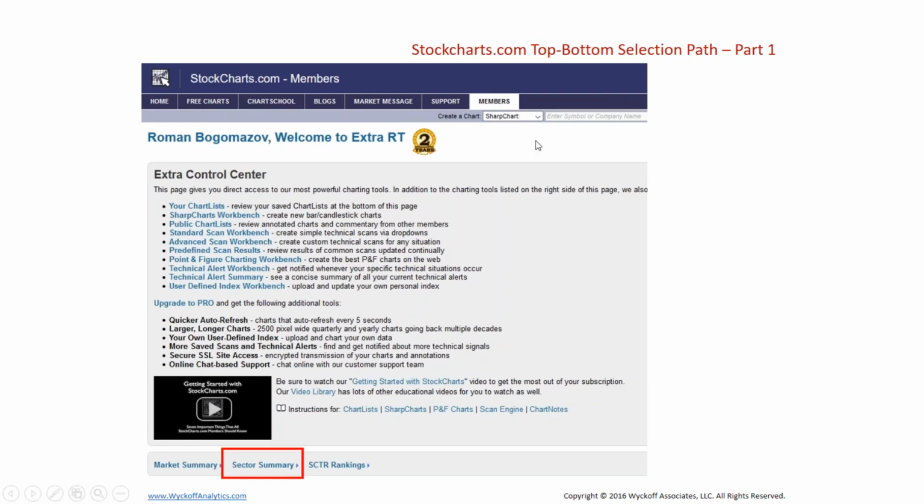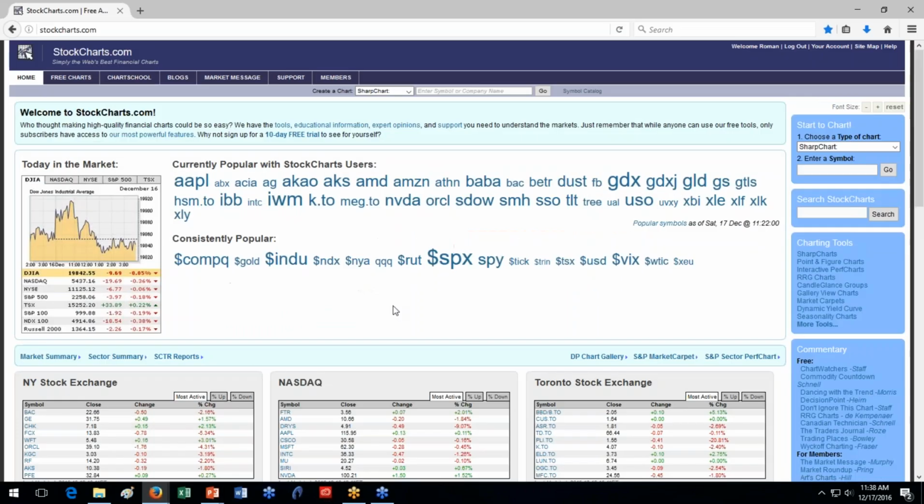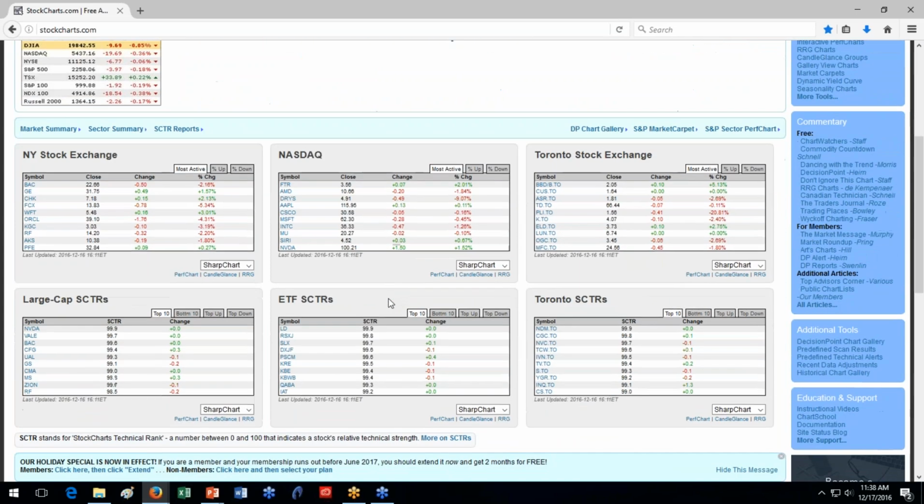You can go to the sector summary, and let me just look really quickly. Yeah, there are other ways, and I'm just going to show you right now as well. You can go to the sector performance charts.